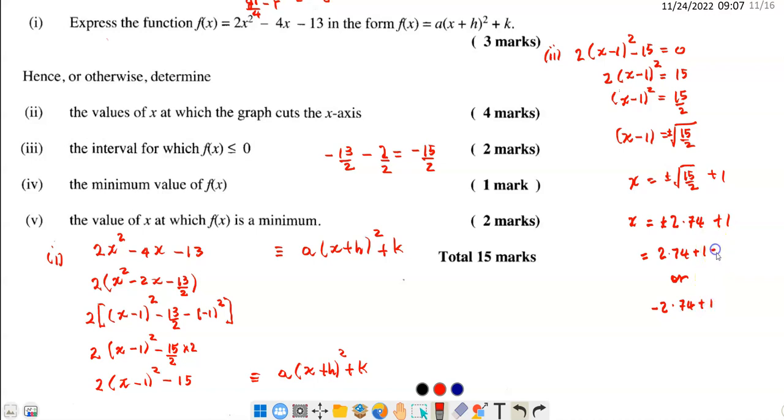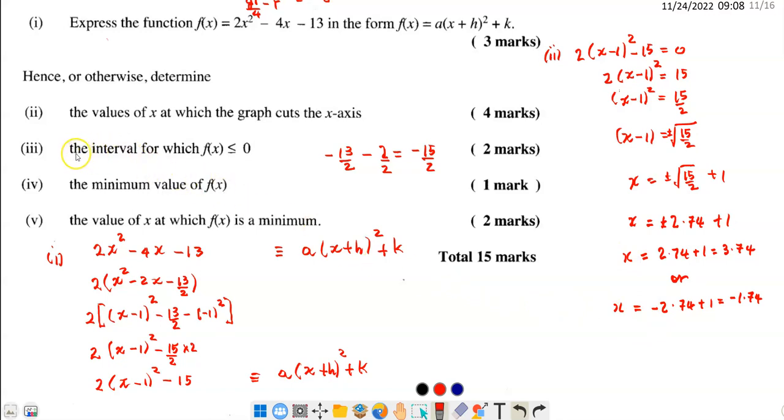So we would have 3.74 for this one, or minus 1.74. Okay, so we have found the values of x there. So that's x, and that's x as well. So we have found the two values for x.